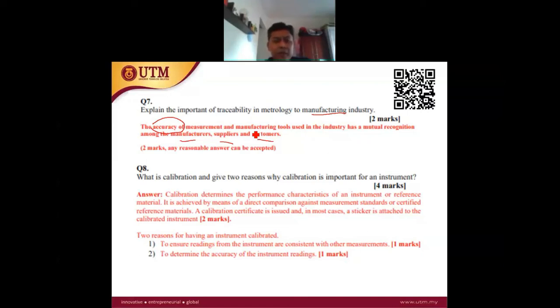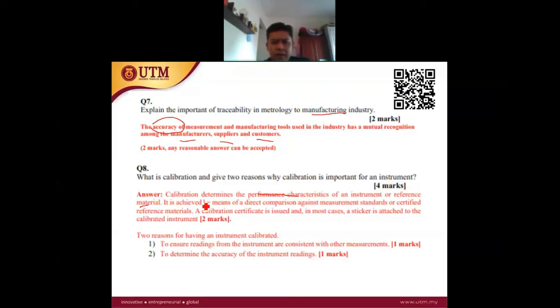What is calibration? I think this is what you can find from what I have explained, or from the slides. Calibration is to determine the performance characteristic of an instrument or reference material, and the process can be explained as direct comparison against a measurement standard or certified measurement.